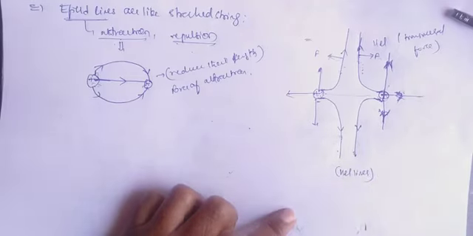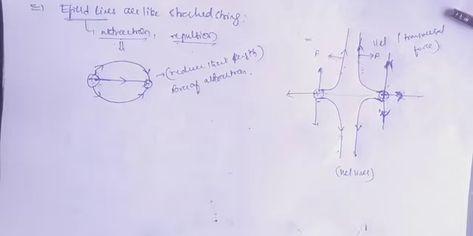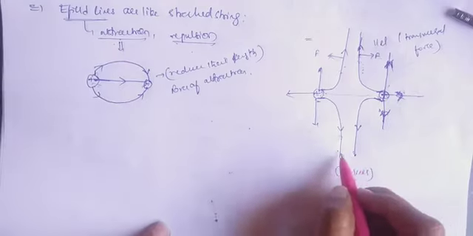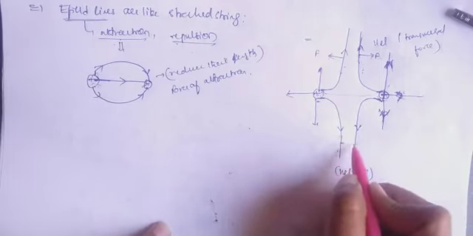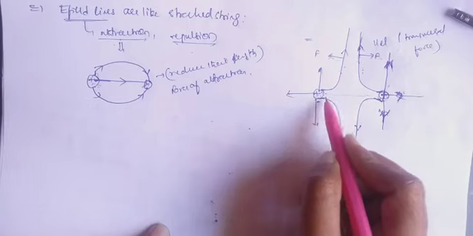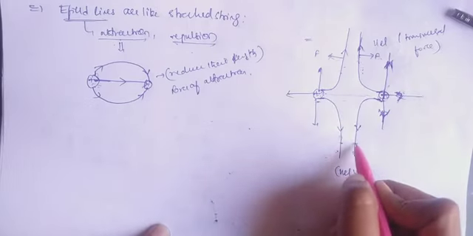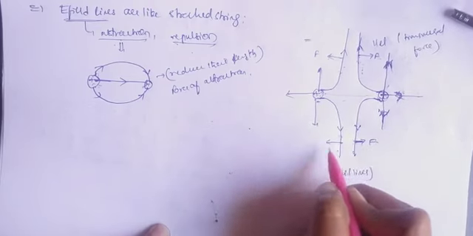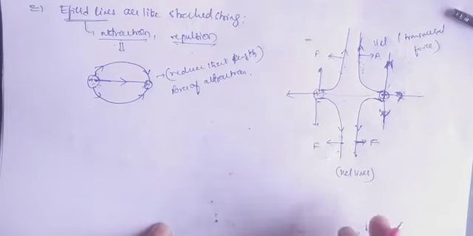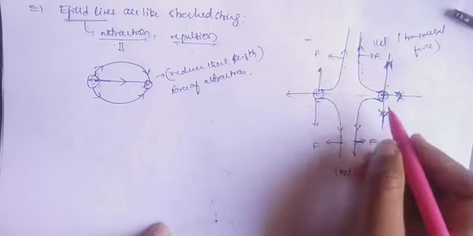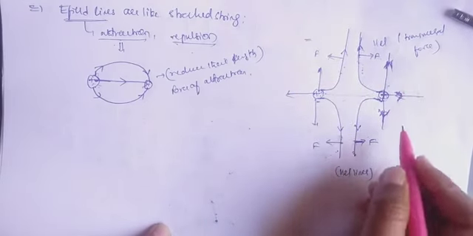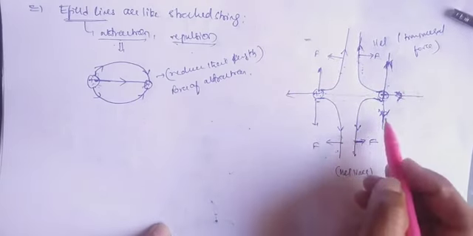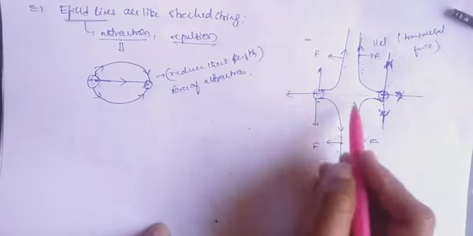If they intersected, there would be two directions for the force or the field. They do not intersect because of the repulsive force between them. There exists a transversal force in this direction and in this direction. So this represents the repulsive nature of two positive charges or two negative charges, as given by the electric field lines.